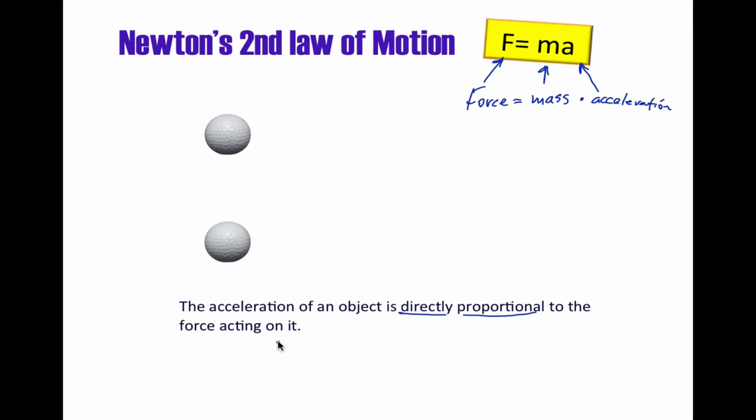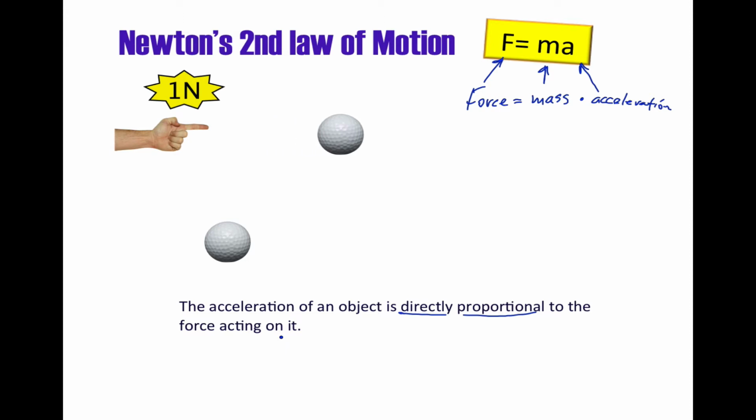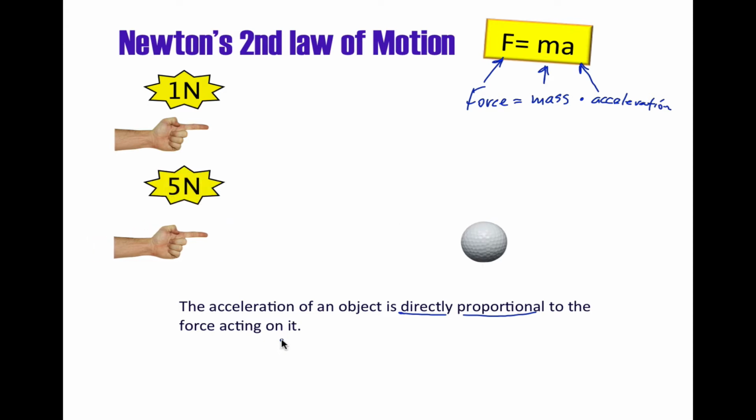To give you an example of that, if I have two golf balls here of equal mass, so you can see they're the same size, the same mass in this case, but if I apply different forces to them, the first one I'm going to apply 1 Newton, you can see the acceleration, see how fast it's moving. The second one I'm going to increase that force, so you can see it goes a lot faster, 1 Newton compared to 5 Newtons.